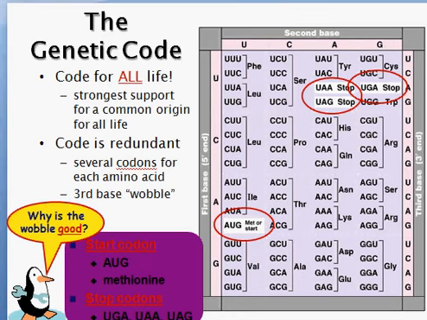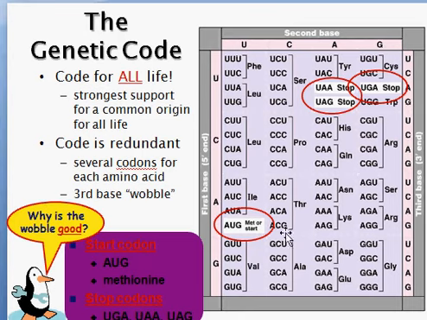There are 64 codons. They were deciphered in the mid-1960s. And of those 64 codons, 61 code for amino acids. There are 3 codons that act as stop signals to end translation as well. And then we all have our 1 start codon, which is the AUG, which codes for methionine.